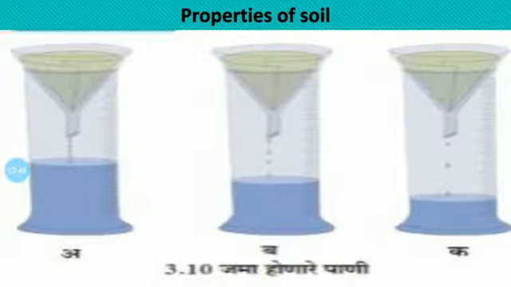The color of the soil depends upon its texture and its organic ingredients, as well as on chemical ingredients like iron and lime.